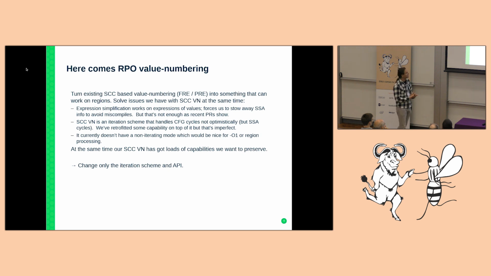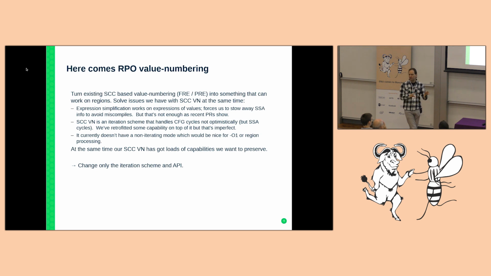One of the issues is that the SCC-based value numbering does expression simplification while it does the value numbering on expressions of values. And its values are just SSA names, which means when it looks up definitions of SSA names to combine multiple value expressions, it gets at information we attach to SSA names like ranges that may actually not be valid at the point the simplification result is used.